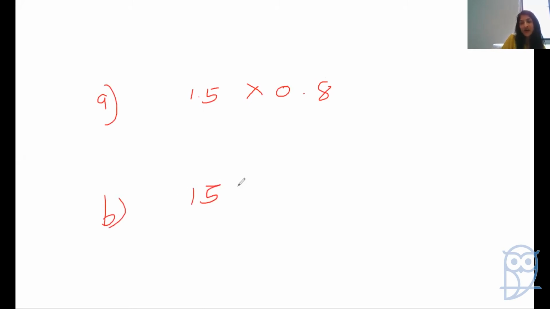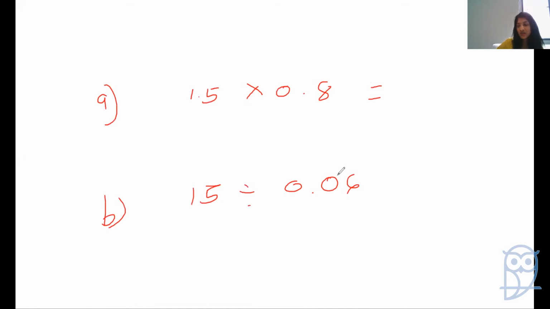Okay, now moving along, the next question asks us to work out the following. A, 1.5 times 0.8, and B, 15 divided by 0.06. Okay. 1.5 times 0.8.